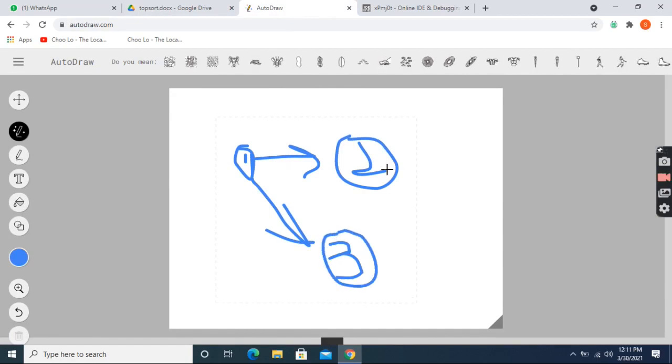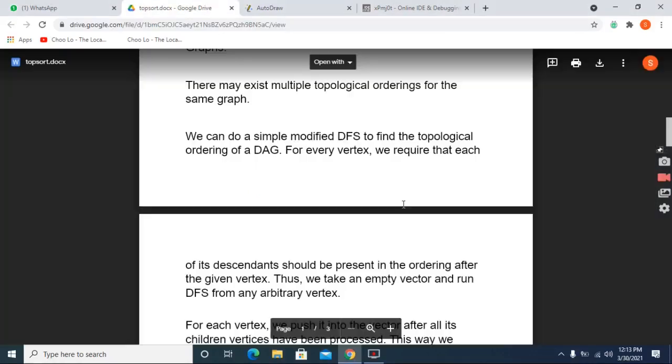Because there is an edge from 1 to 2 and from 1 to 3, I require that vertex number 1 should come before 2 and before 3 also. So because 2 and 3 are the children of 1, I require that the children of any vertex should come after the parent vertex in the topological ordering.